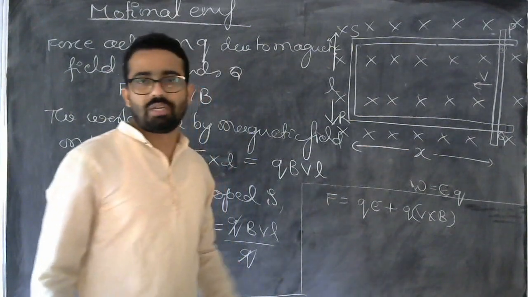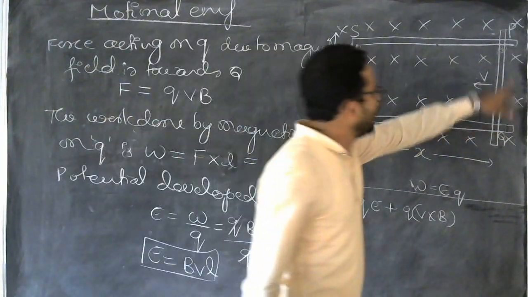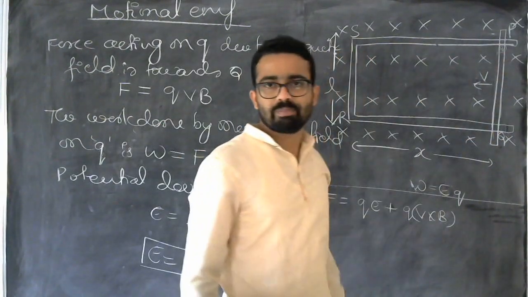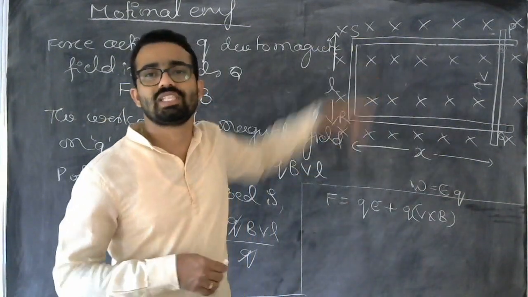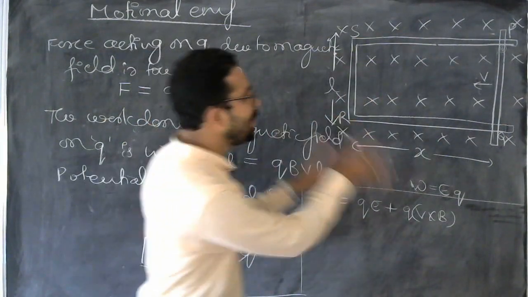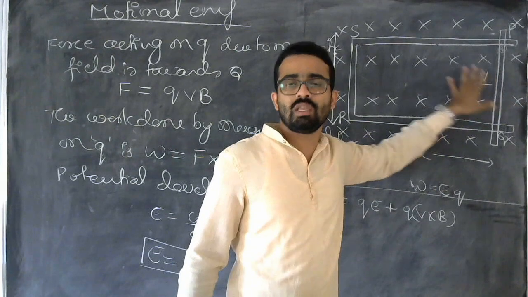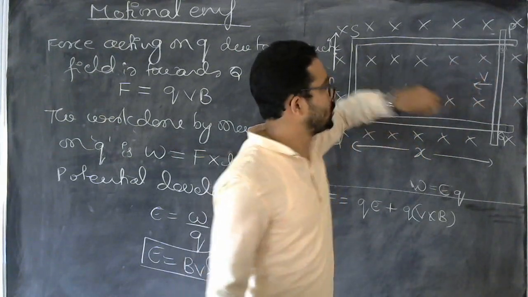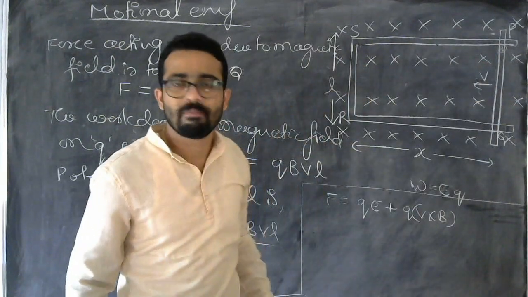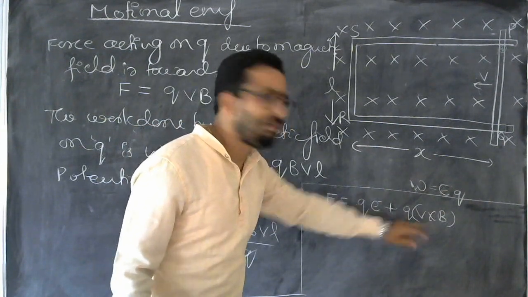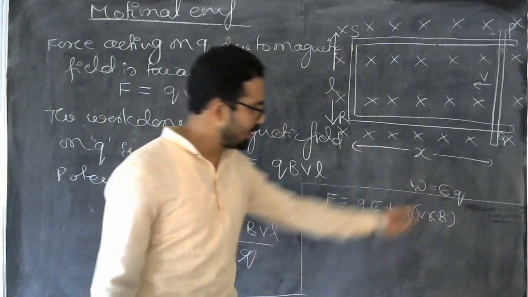V is the velocity. Here we said the rod is not moving. We are keeping the rod stationary. Instead of moving it, we are changing the magnetic field applied to that coil. So the velocity is equal to 0, there is no velocity.